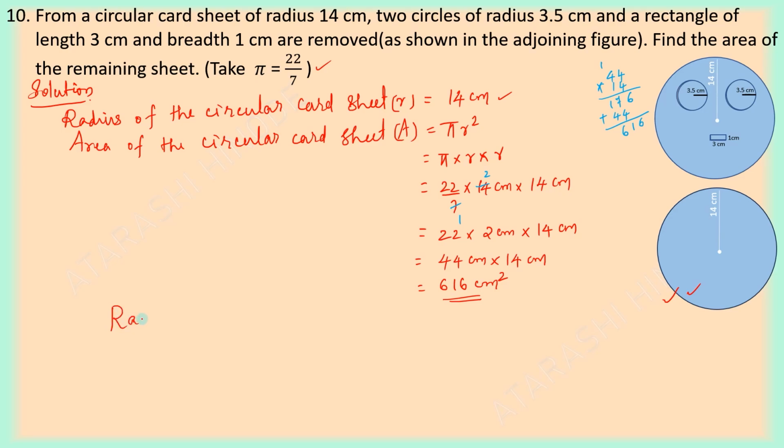Radius of the smaller circle is equal to 3.5 centimeter.